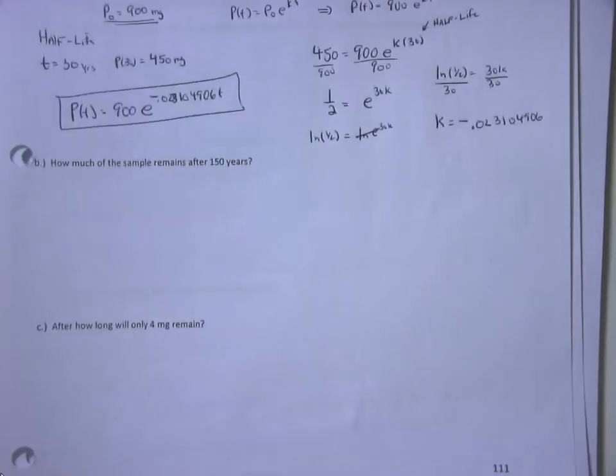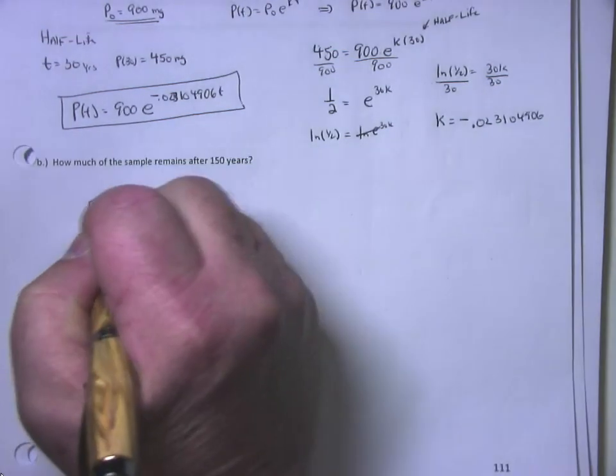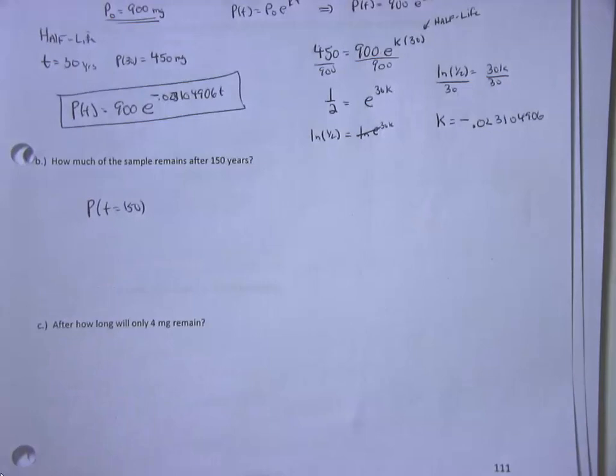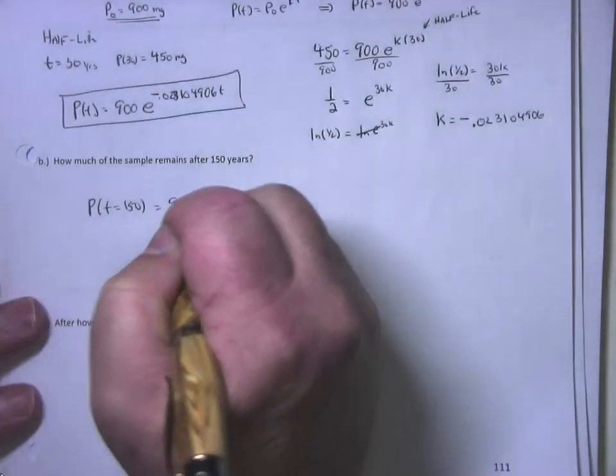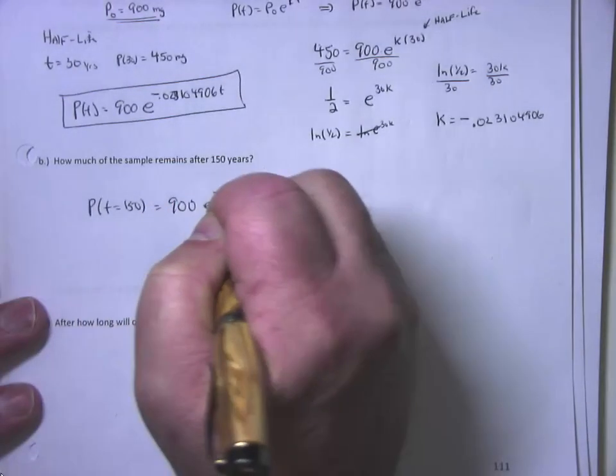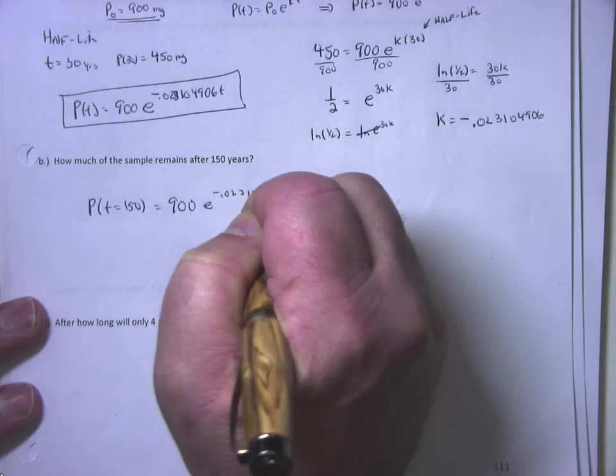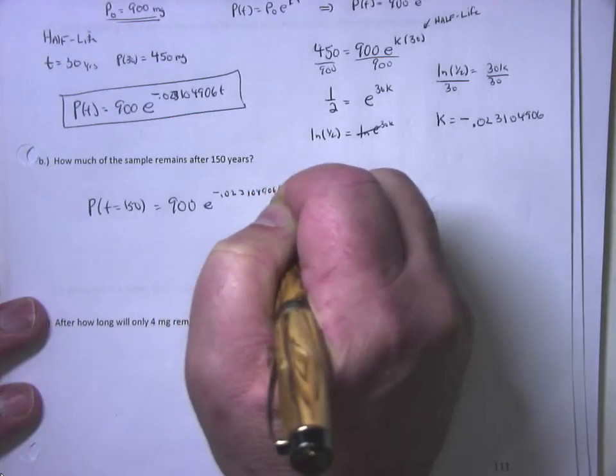Part B. How much of the sample remains after 150 years? So after 150 years, what have we got? What am I going to do? Plug in time is 150. This would be 900 e to the negative 0.023104906 times 150.